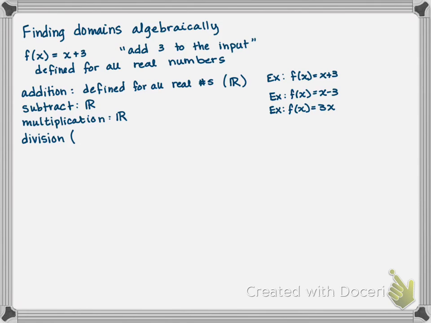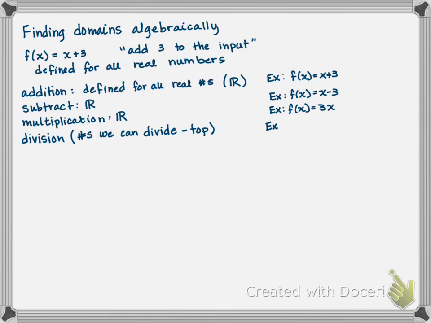So we have to think of division as 2 separate operations. One is the numbers that we can divide. If you're thinking of division as a fraction, that's the numbers in the top of the fraction.